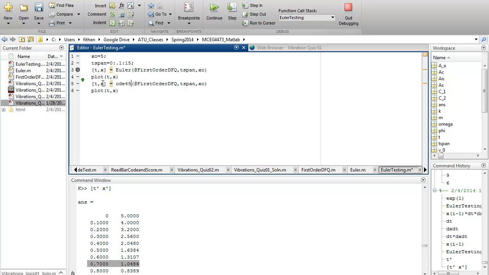But this time we're going to call this X1, say. So an X1, and I'm going to compare the two of them. I'll make one blue, and I'll make the other one red.